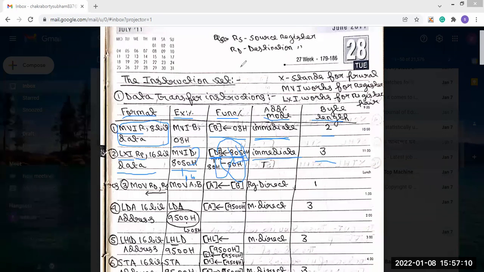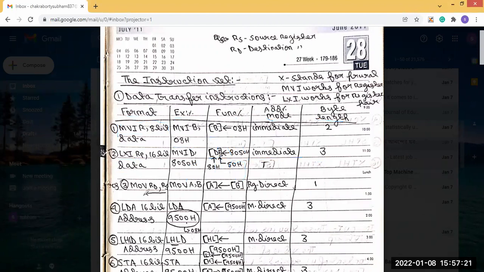Then the next instruction we have is MOV Rd, Rs. Rs means source register. This is the general format of any instruction.